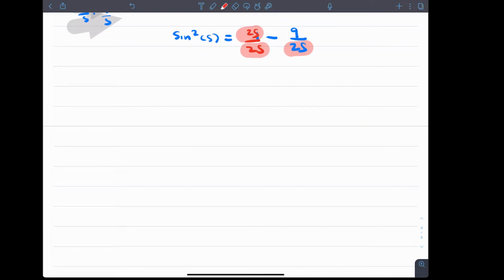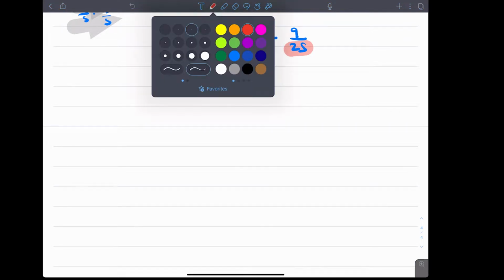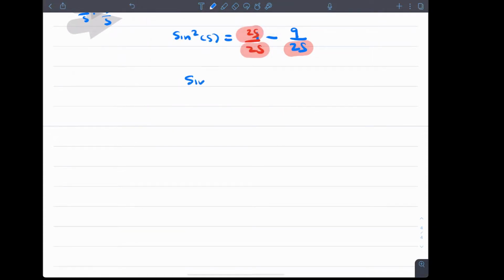Sure is. And now I can do this arithmetic. So sine squared S, what's this going to be? What's 25 minus 9? Is that 16 over 25? So far, so good? Now, you've solved for sine squared, but you're supposed to solve for sine. What does that mean? What do you guys use to solve for sine?